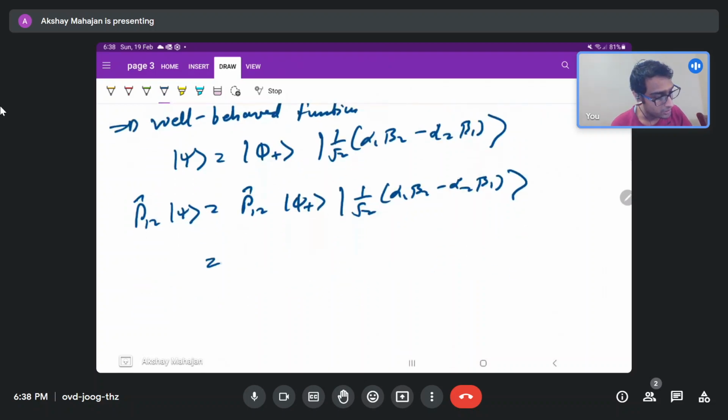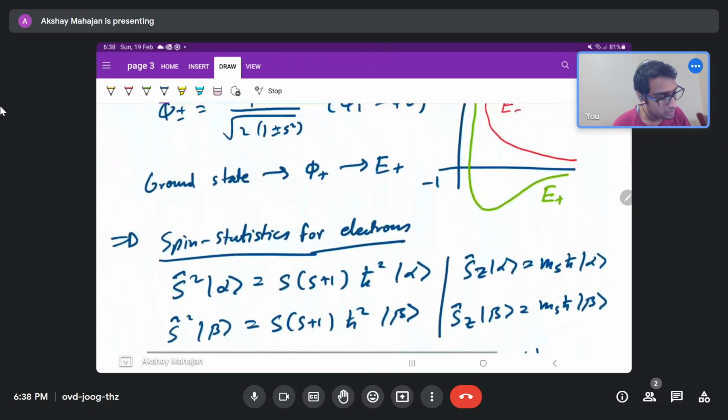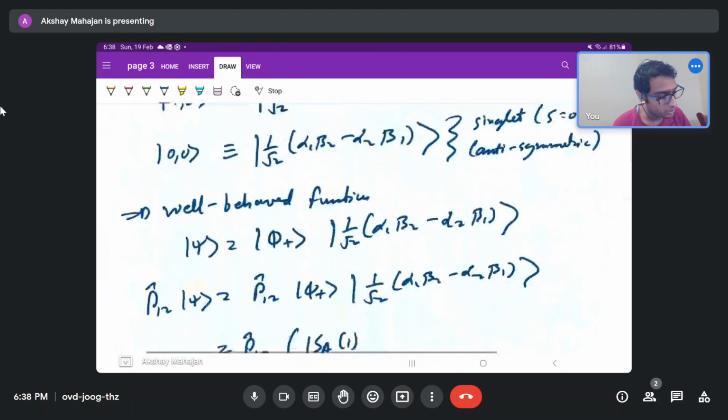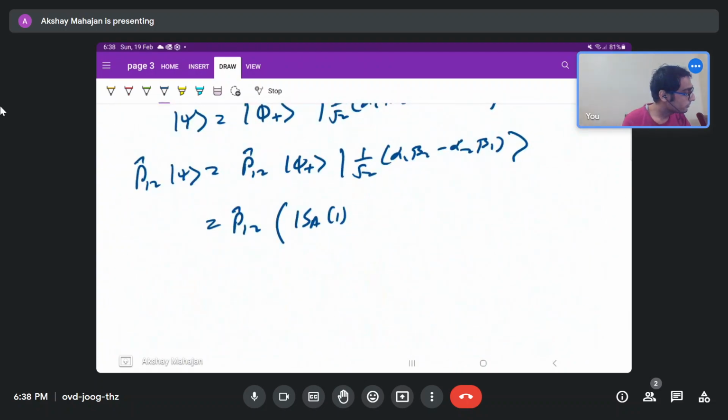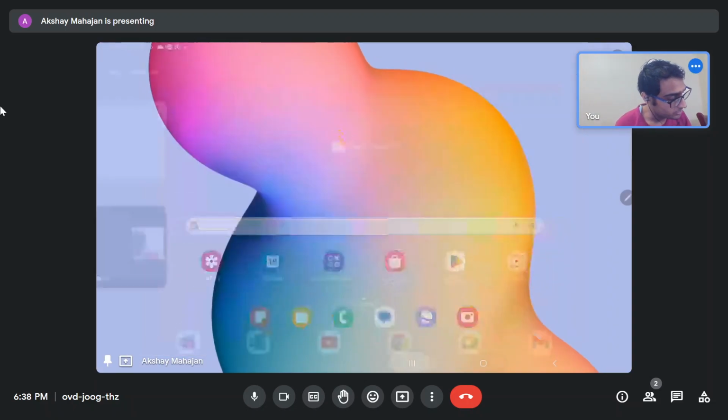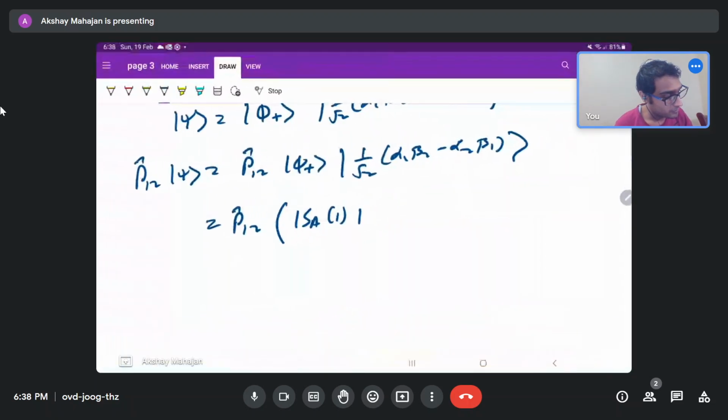Now to apply this, I will first apply it on phi plus. Ignoring the normalization constant, phi plus is given by 1s(1) 2s(2) plus 1s(2) 2s(1).